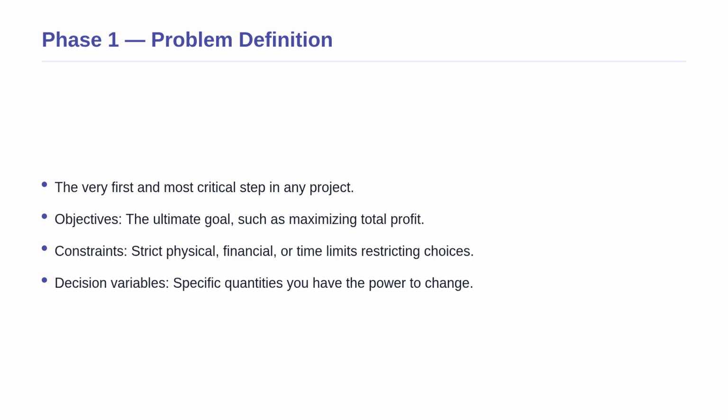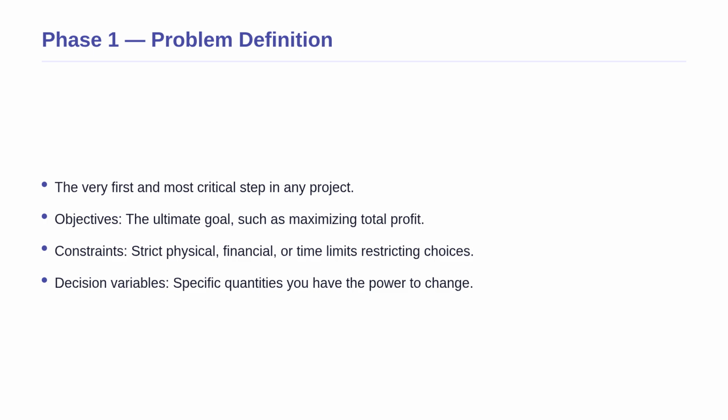First, the objective, which is your ultimate goal, such as maximizing total profit or minimizing total cost. Second, the constraints. These are the strict physical, financial, or time limits that restrict your choices, like having a strict budget. Finally, the decision variables. These are the specific quantities you have the power to change to reach your goal, such as how many chairs to manufacture.